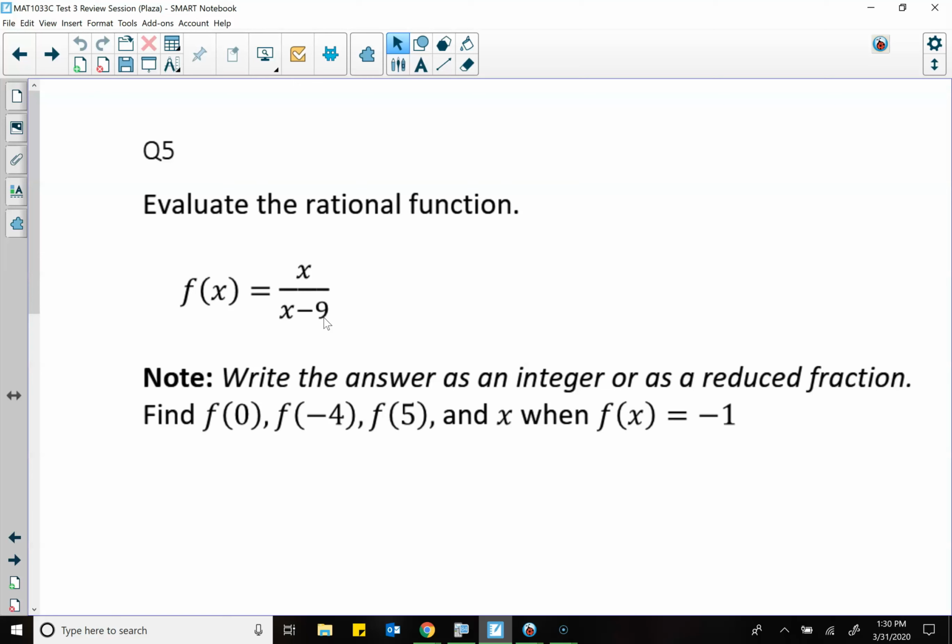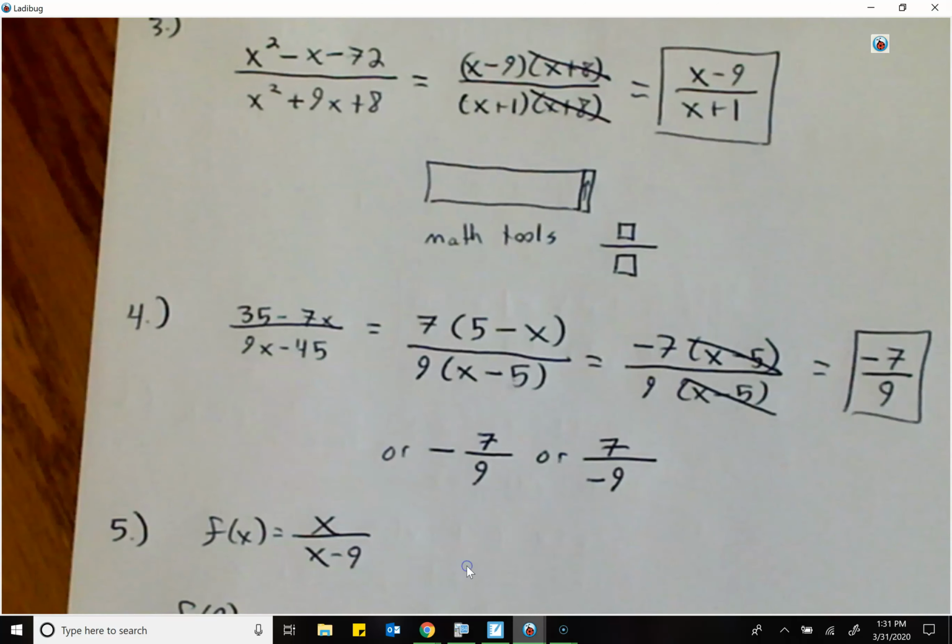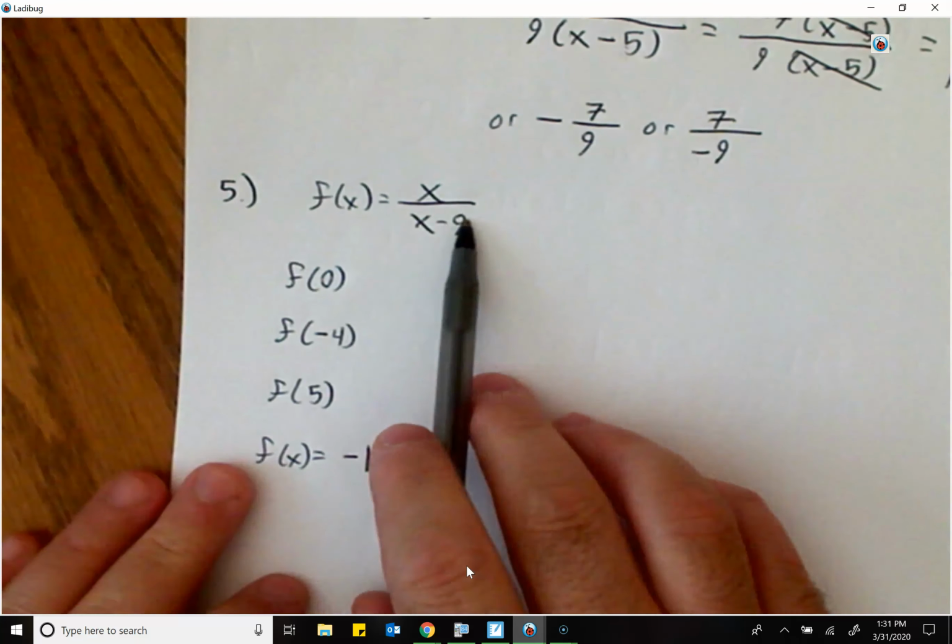We have f of negative 4. We have f of 5. And then we have this f of x equal to negative 1. Okay? So here's what we've got for the problem. So there's that function they gave us.